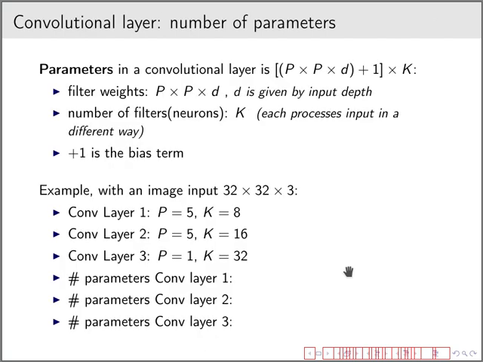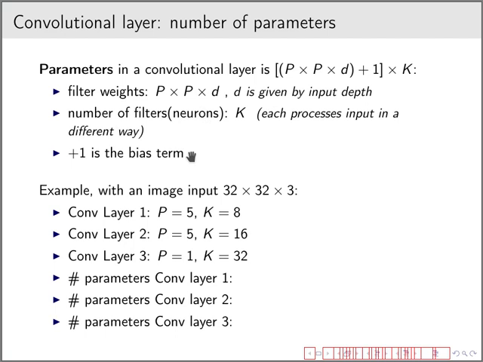Another thing that's interesting to observe is the number of parameters of such network. In a convolutional layer, the number of parameters is defined by the size of the filters and the number of the filters. Let's say we have an input, so we always have the size of the filter times d, which is the depth, times the number of filters k, plus 1, which is the bias term.